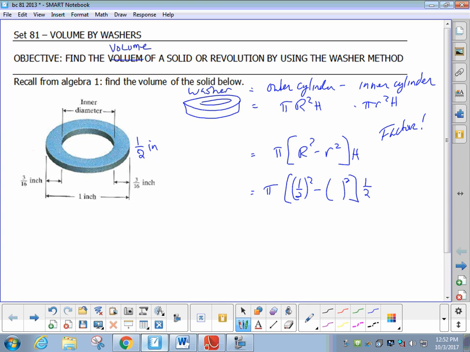Your copy's a little muddy, but that outer distance is 3/16.